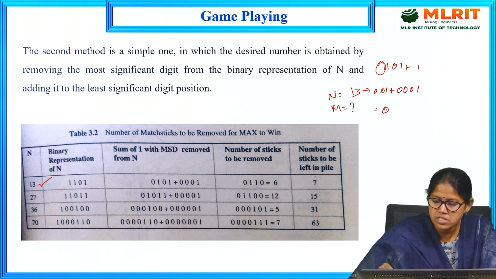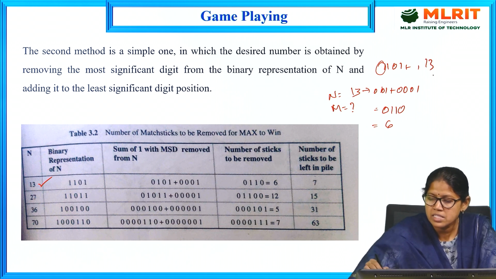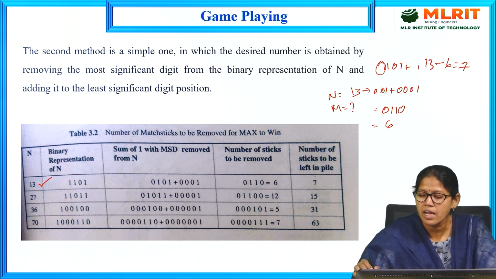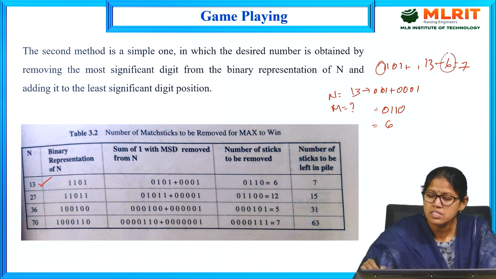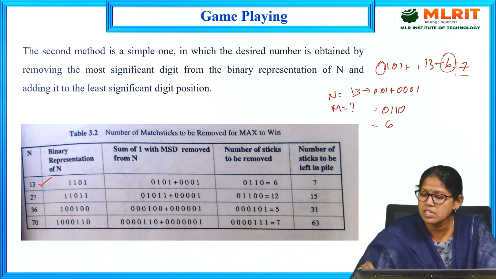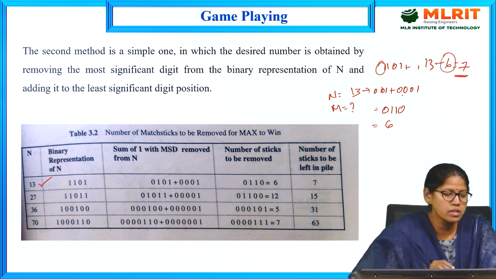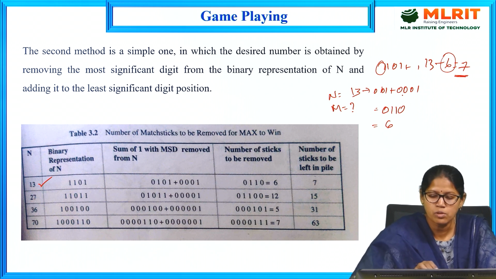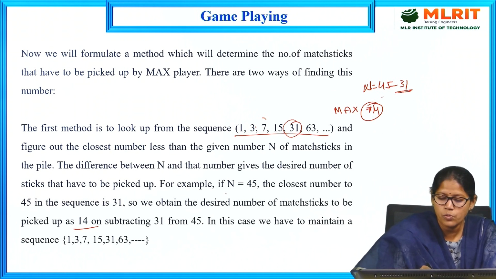Then it is 0, 1, 1, 0, which in decimal form is 6. 13 minus 6, it is 7. So the max has to pick 6 matchsticks, so that 7 matchsticks are left for the min to play the game. This is the sequence value.